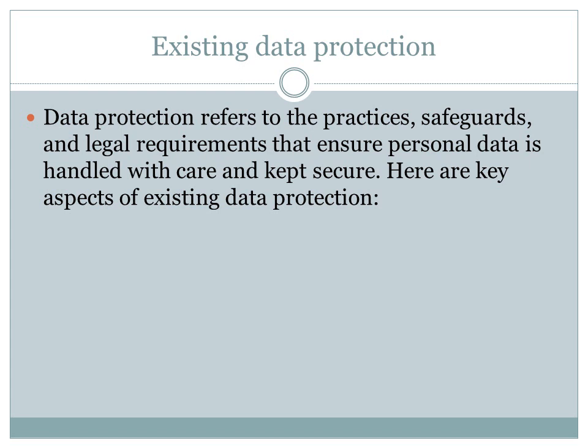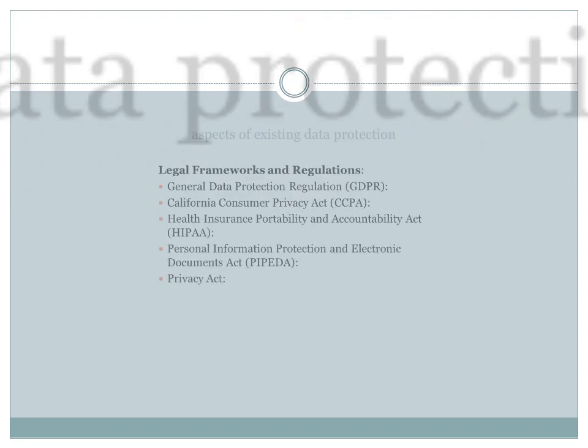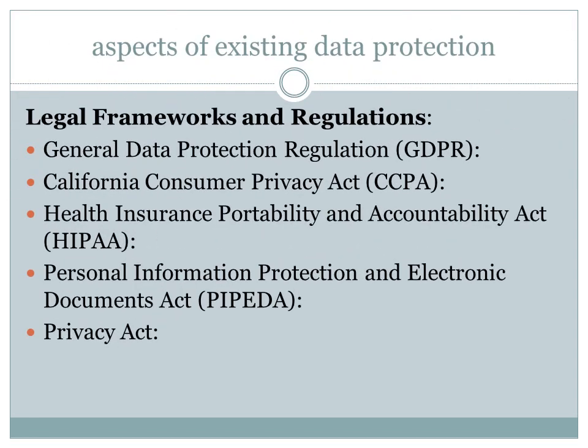Existing data protection. Data protection refers to the practices, safeguards, and legal requirements that ensure personal data is handled with care and kept secure. Then we have the key aspects of existing data protection. One, we have the legal frameworks and regulation.